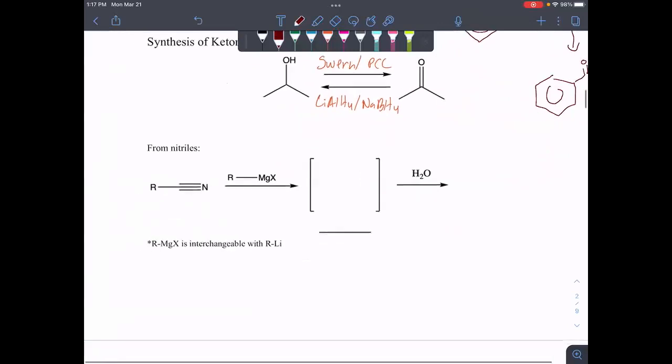Okay, and then there's one more way we can get ketones. So if we do a Grignard on a nitrile group, it just turns into a ketone. You know how Grignards work, you just stick them onto the carbonyl, in this case, one end of the triple bond, and you get this intermediate.